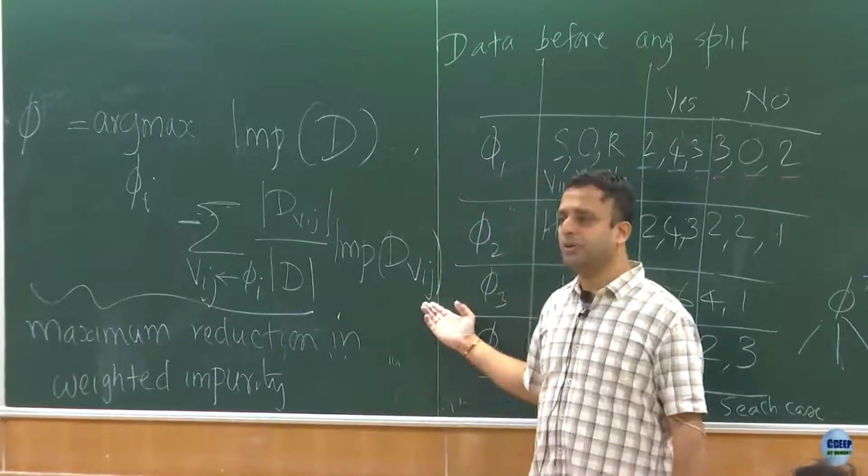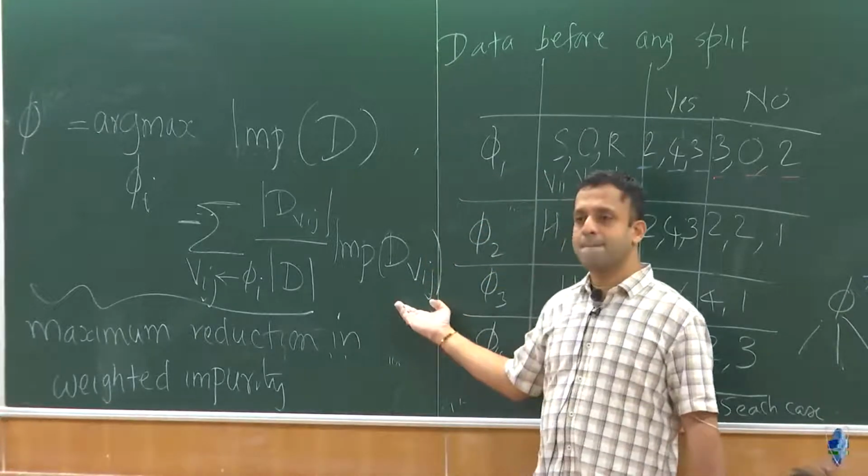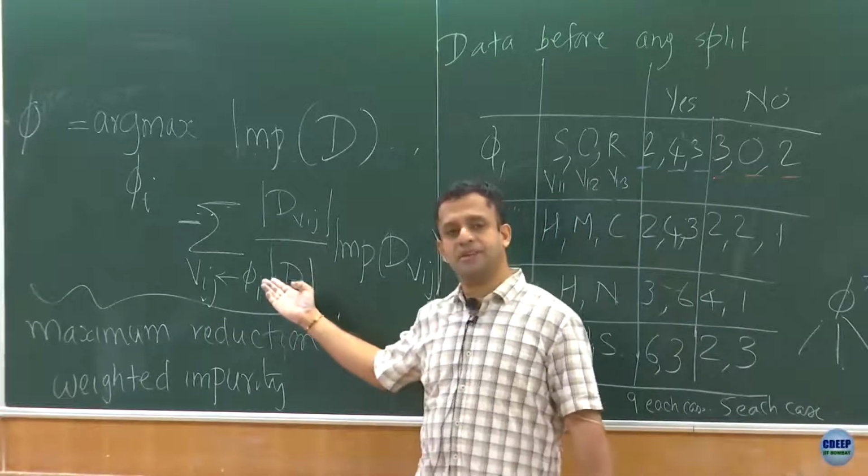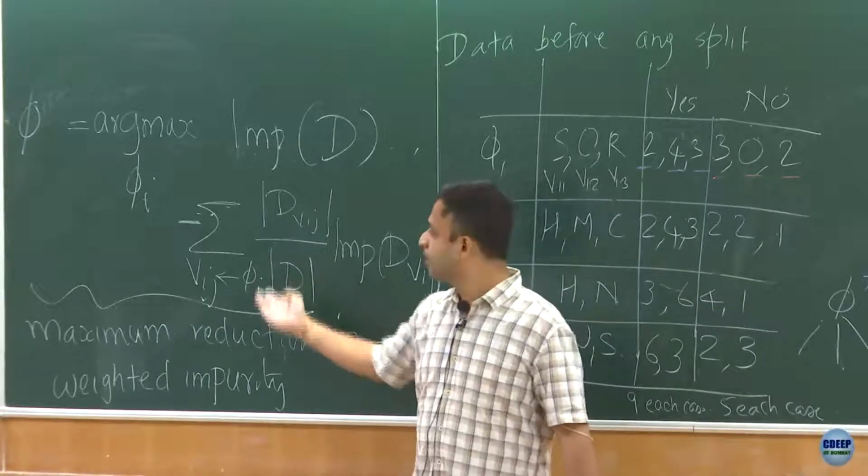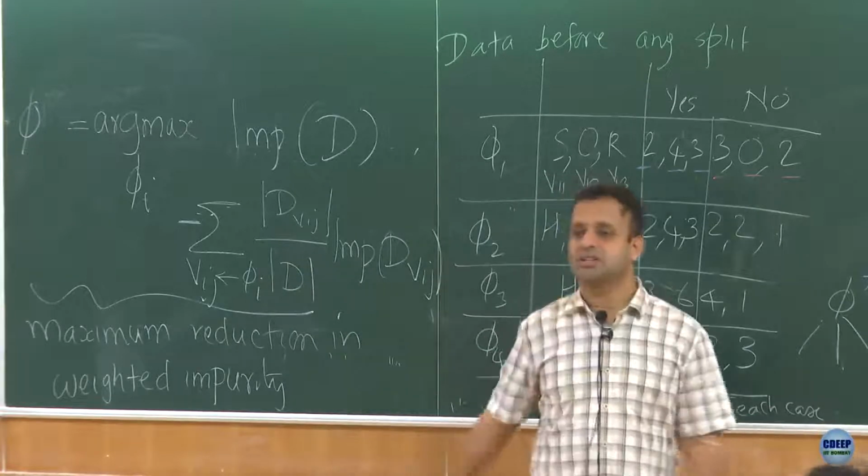Each branch will contribute to an impurity, but I will consider it as much as the weightage of that branch relative to the total size of the data.